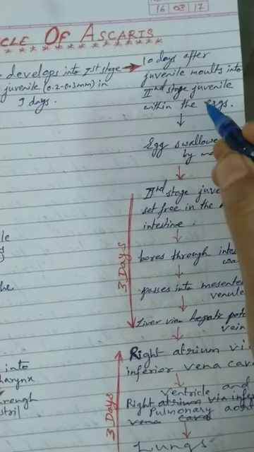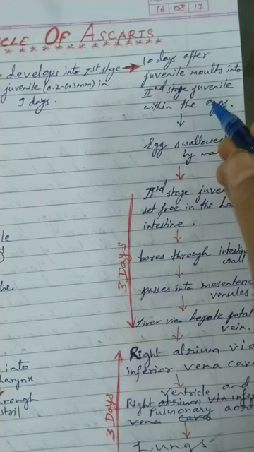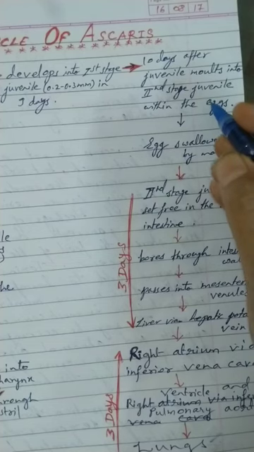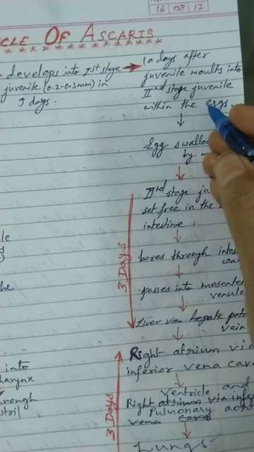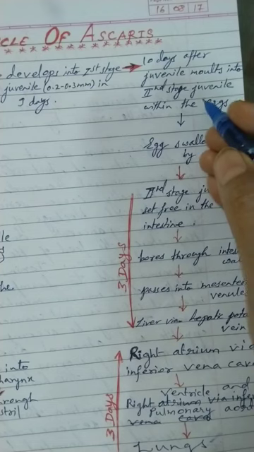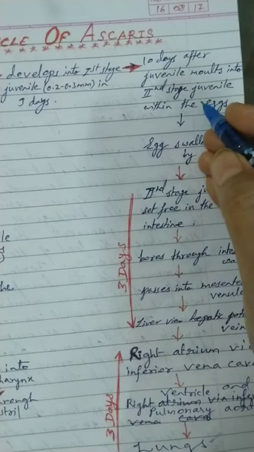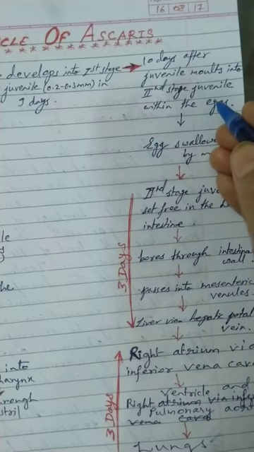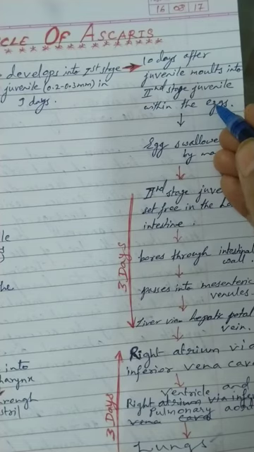Years, 7 years, 8 years, means unlimited years it can remain in the dormant stage, and when it is consumed by any organism like human, dog, cattle, squirrels, then only the next stage larva will be formed.